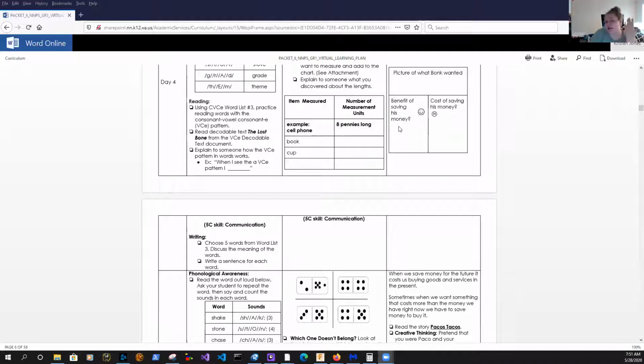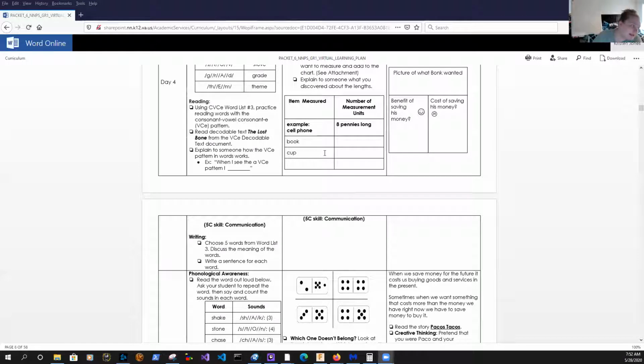Then they just had an idea of measuring a book and a cup. You can fill these 3 boxes with whatever you are choosing to measure in your home. You don't have to do a book and a cup. Those are just ideas they came up with. So 1, 2, 3 things in your home that you are going to measure and write them in those boxes.